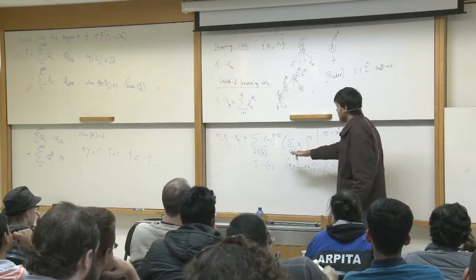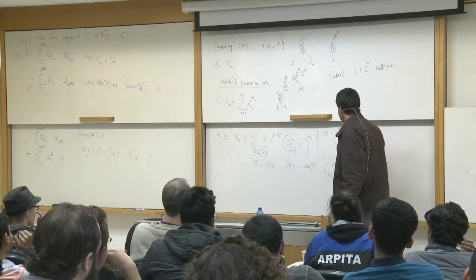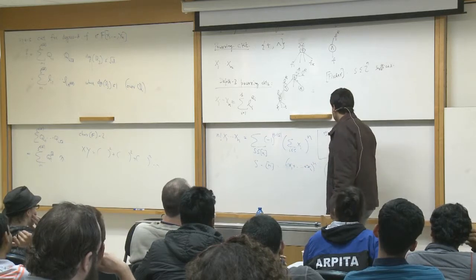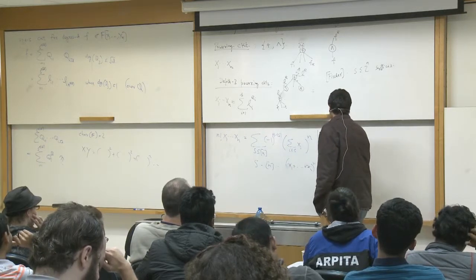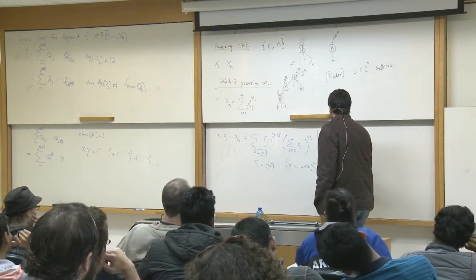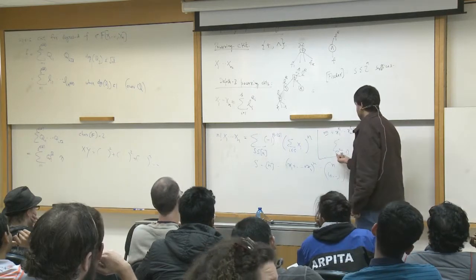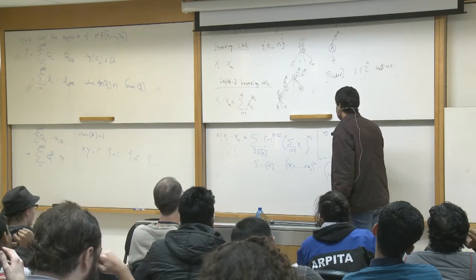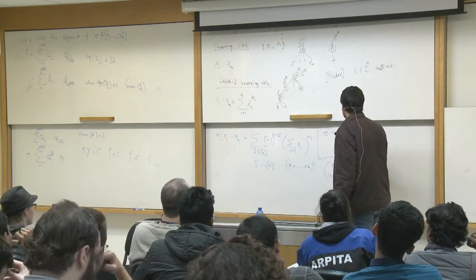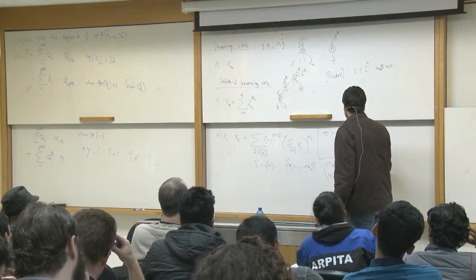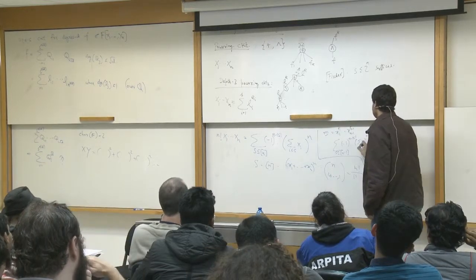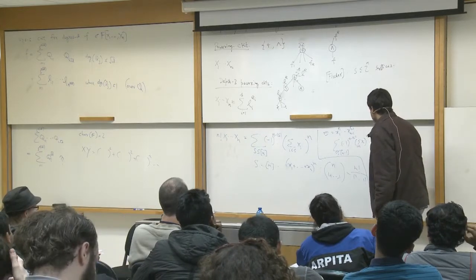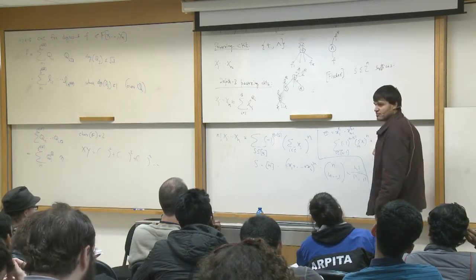To do that, let's split this sum into two parts: sets that contain n and sets which do not contain n. You can write this as the sum over S, the subsets which don't contain n, plus the summation over all sets that necessarily contain n.